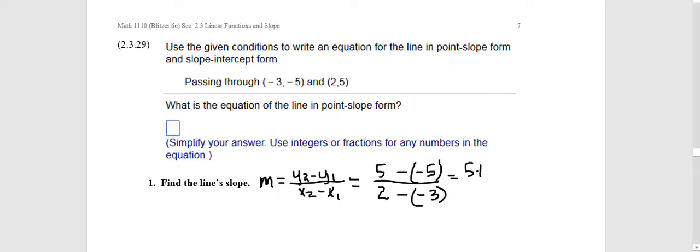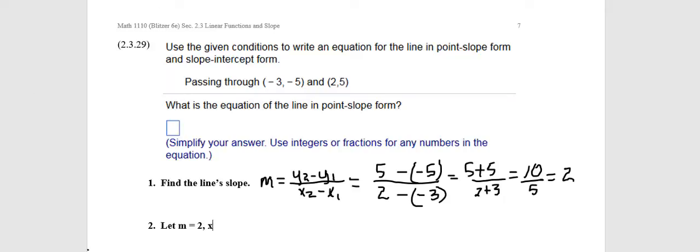It doesn't matter which point I call x1, y1, which point I call x2, y2. But notice if I put the 5 first in the numerator, the 2 that goes with it has to be first in the denominator. And 5 minus negative 5 is 5 plus 5. 2 minus negative 3 is 2 plus 3. So I get 10 divided by 5, which is 2. So my slope is 2.